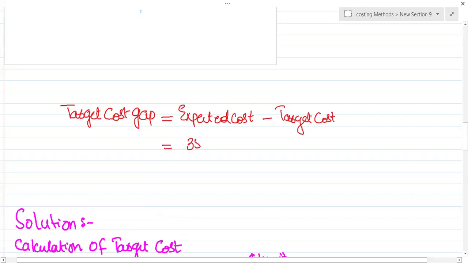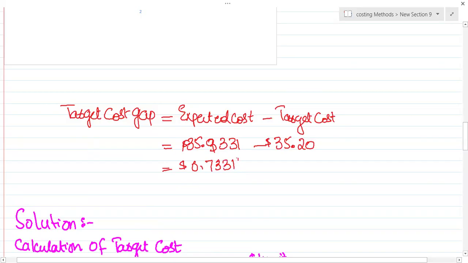Expected cost is 35.9331 minus 35.20. We have calculated the target cost. So you will get your answer, that is 0.7331.